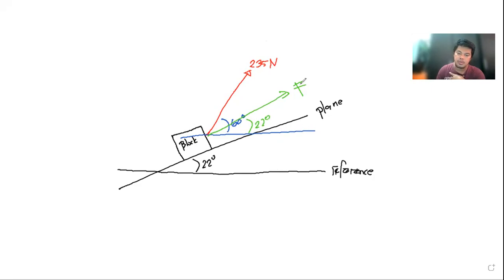Okay. So the horizontal would be another imaginary reference line. The force P, 235 Newton, is 60 degrees with respect to the horizontal. And then the component of the force, labeled F, is acting 22 degrees with the horizontal.